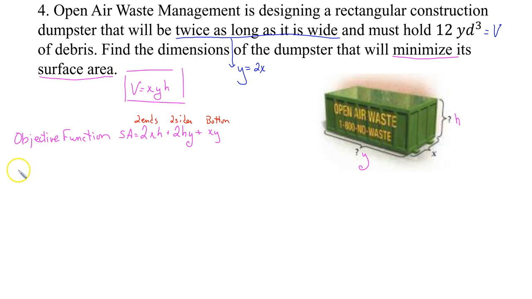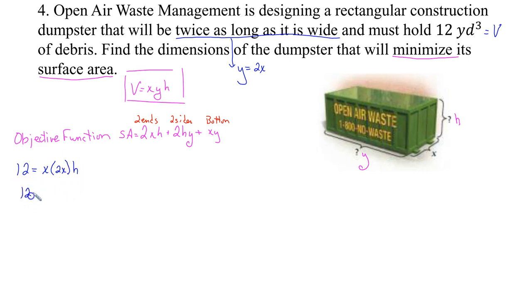Okay, actually I'm going to solve for h, so I can plug this in. So here's what we're going to start with. We're going to start with volume of 12 is equal to x times, instead of y, we're going to have 2x and then h. So I know that volume is equal to x times 2x times h.